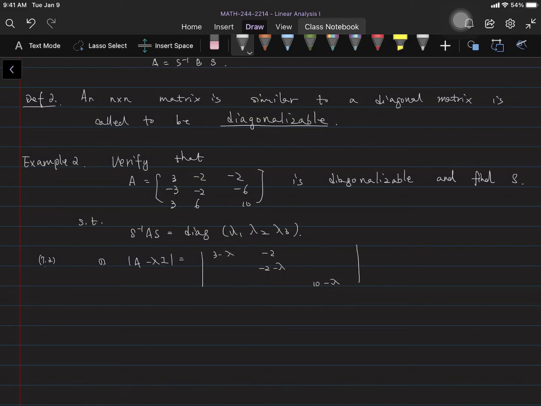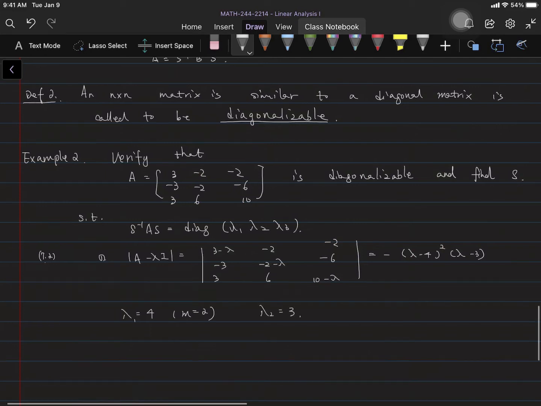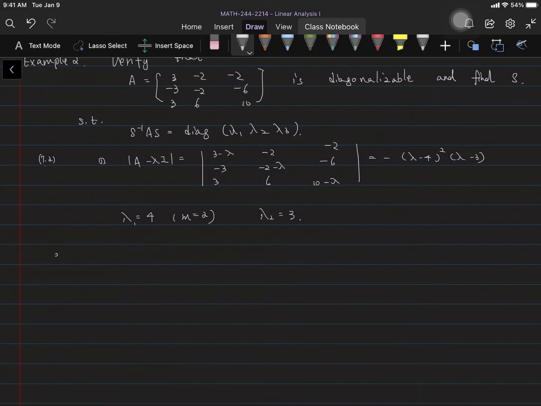This is how we calculate the eigenvalues. Here I just give you the simplified characteristic polynomial. Let's see what the eigenvalues are. Eigenvalues are 4 with multiplicity 2, and 3, right? Second step, calculate eigenvectors.